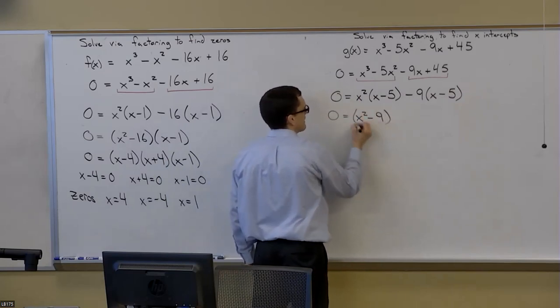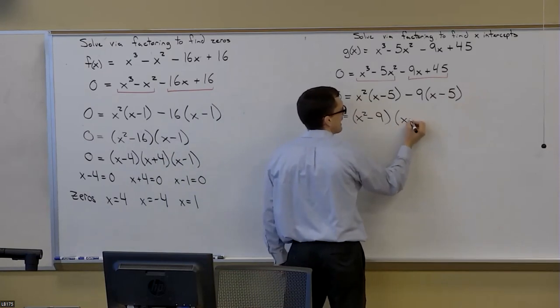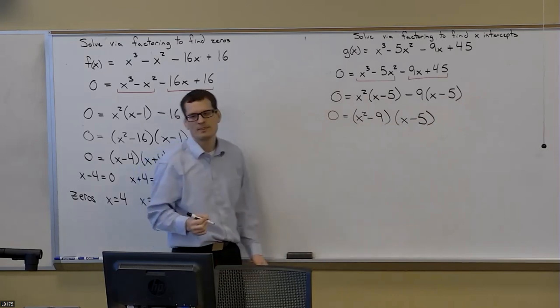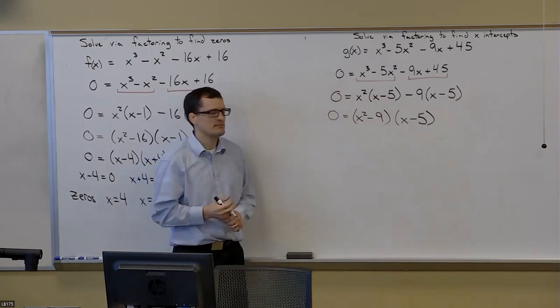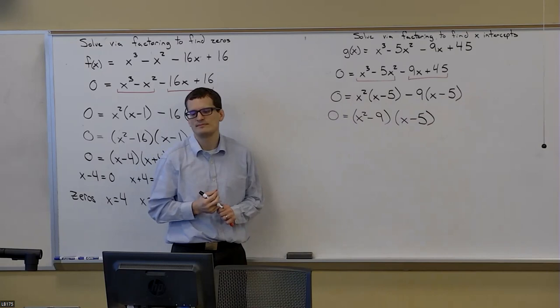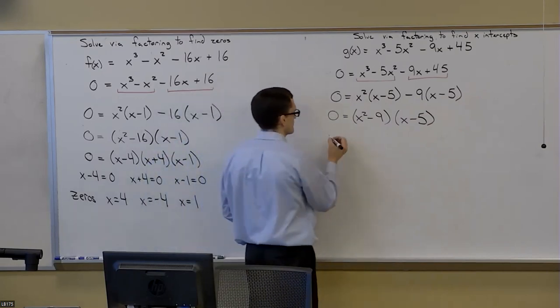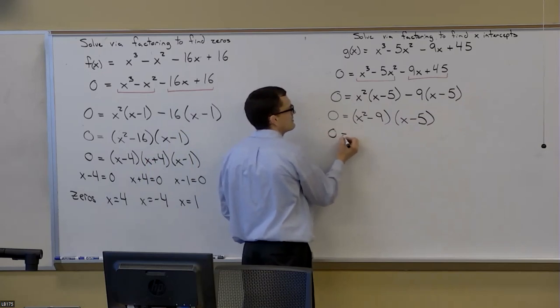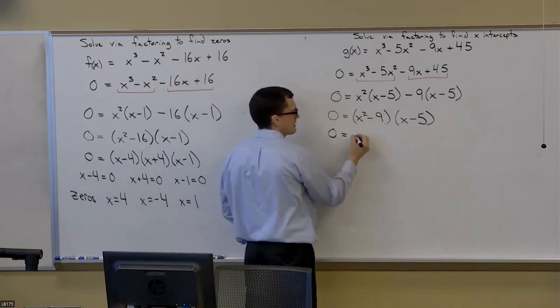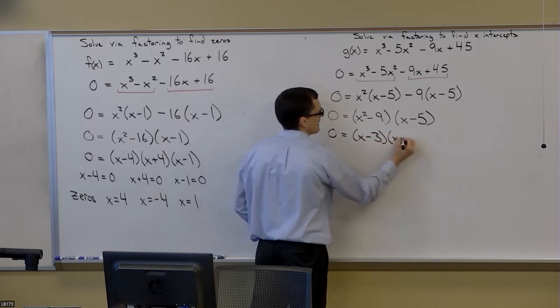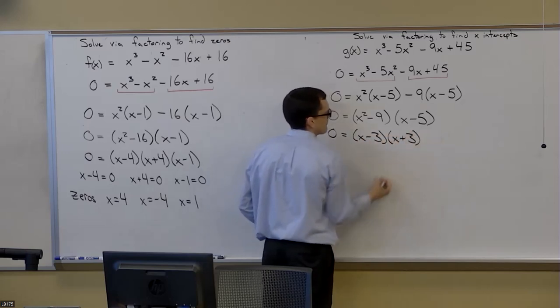So I can rewrite that problem as x squared minus 9 times x minus 5. Difference of perfect squares can be factored into x minus 3 times x plus 3.